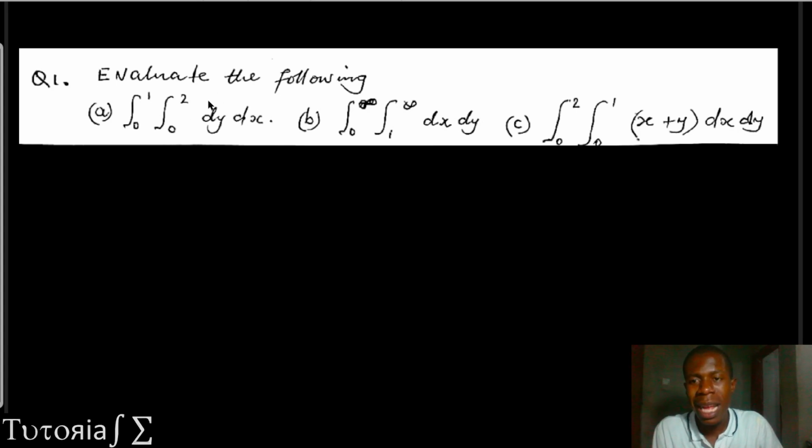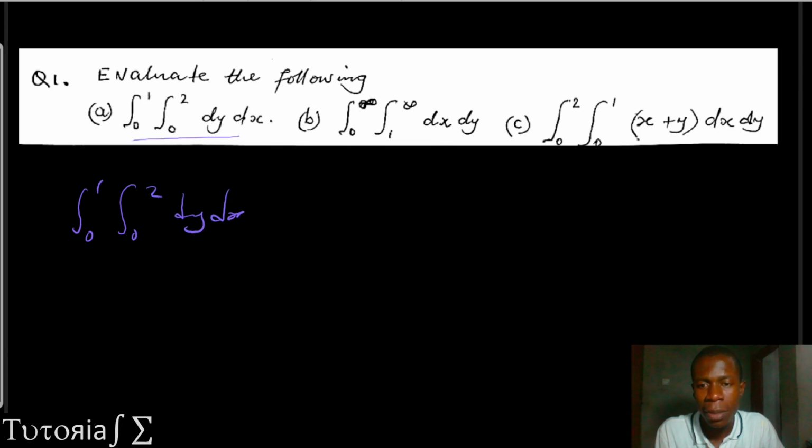So question one asks us to evaluate the following integrals. The first question asks us to evaluate the integral from 0 to 1, then from 0 to 2 of dy dx. Okay, so basically how you evaluate this integral is by grouping. You start with the inner part, then you go outside.